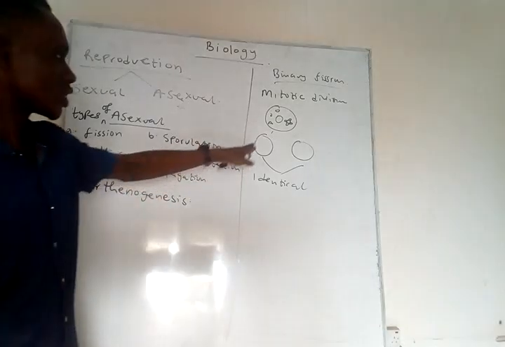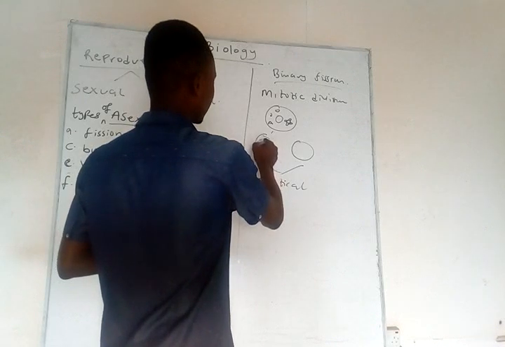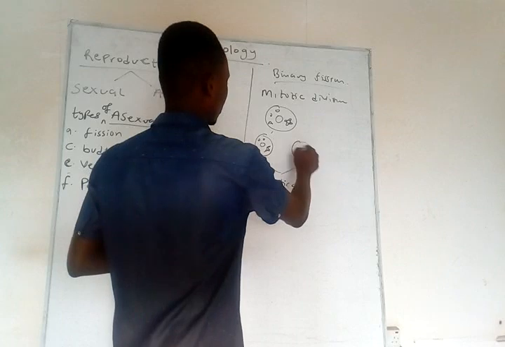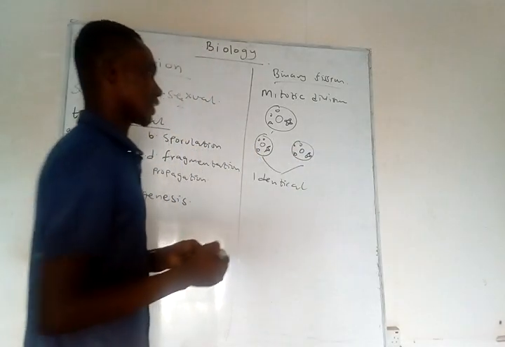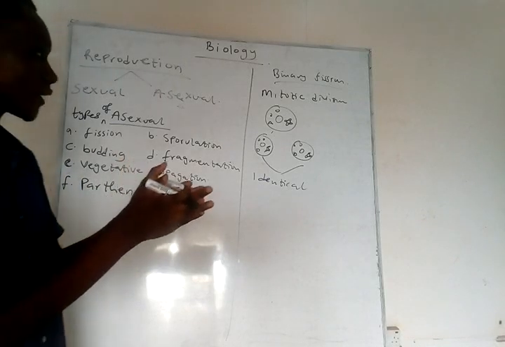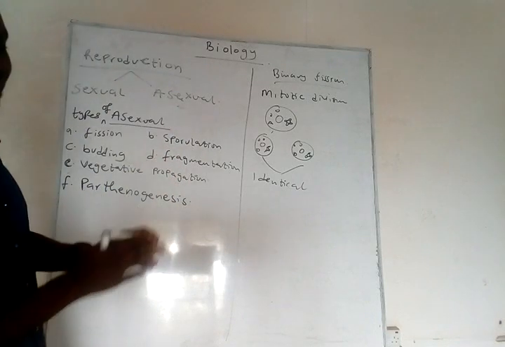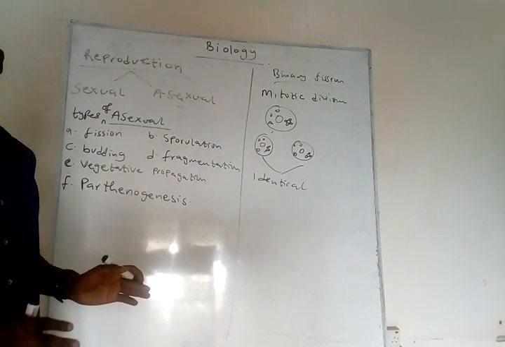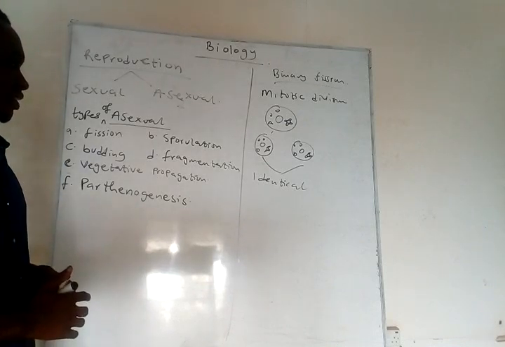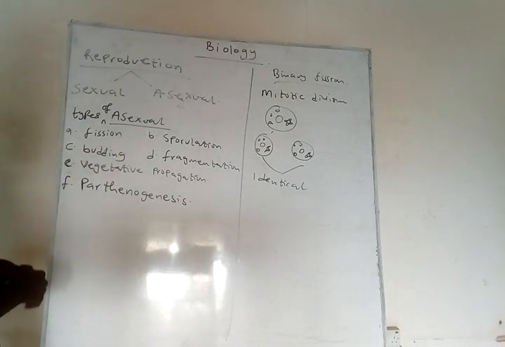After binary fission, the two organisms have the same structures as the parent, and they will look identical to each other. After mitotic division, the parent structure doesn't exist. So that is fission, binary fission.